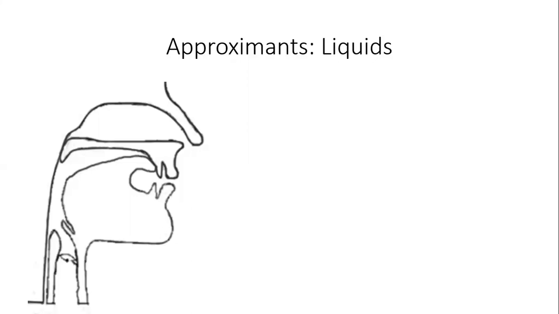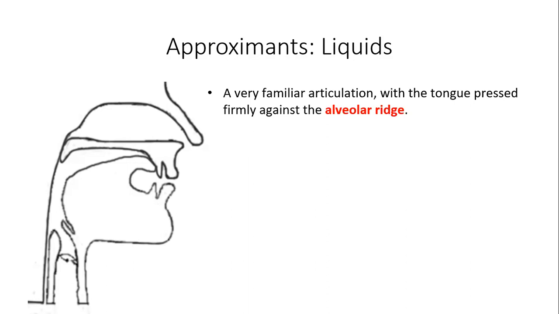So we'll start with 2 approximants that are called the liquids. So if you look at this picture, you see the tongue is pressed against the alveolar ridge, and that is actually a sound we saw previously. So watching this video now, can you tell me what sound we looked at that looked like this?